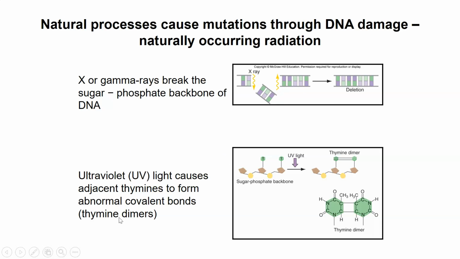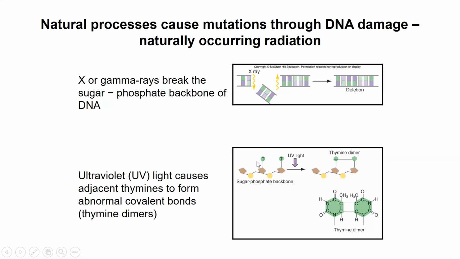UV radiation can also cause damage to DNA, and the type of damage caused by UV radiation is not as high energy as X or gamma rays, for one thing, but it does cause what's called thymine dimers.